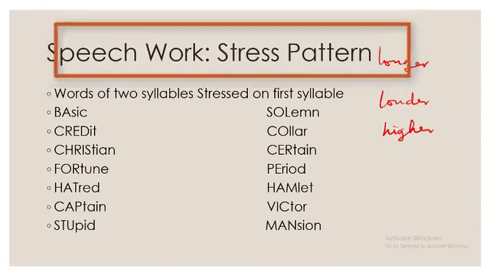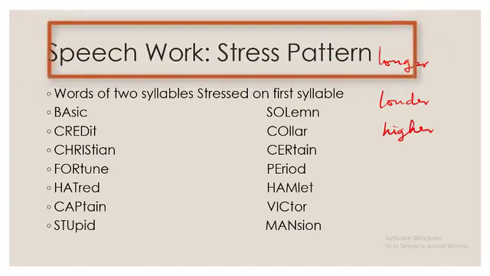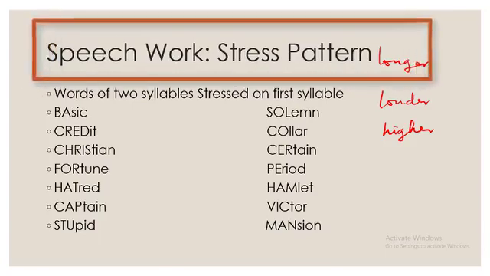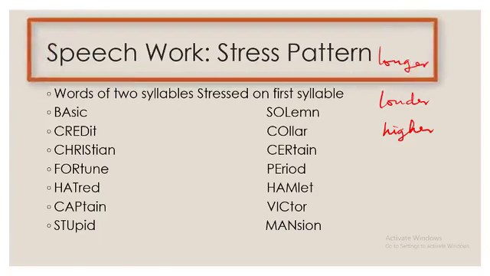So we have the words basic, credit, Christian, fortune, hatred, captain, stupid, solemn, color, certain, period, Hamlet, Victor, mansion.